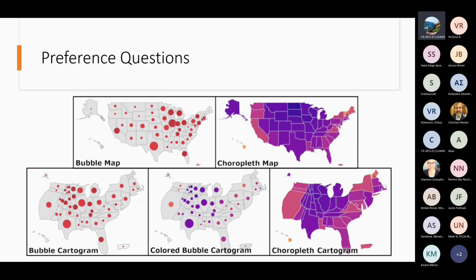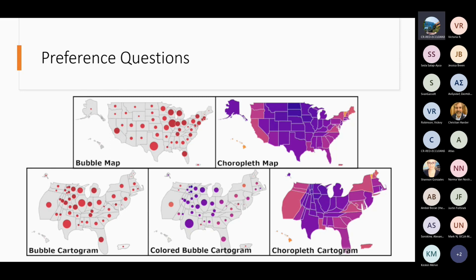In the preference questions, only subjects in round 2 were asked, and they needed to choose one animated map form to view real USA data. And subject choices were based on 3 different purposes. First is visually clear and easy to interpret, second, best communicates case rates, and lastly, communicates case counts, rates, and population simultaneously.